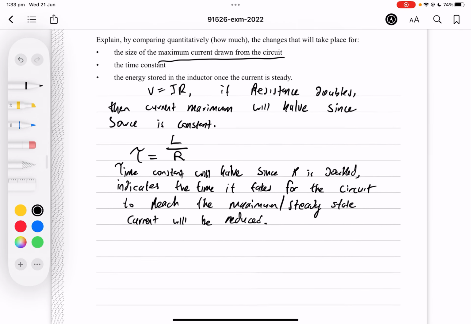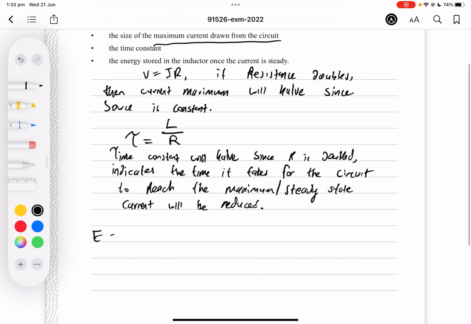And finally, in terms of the energy stored in the inductor, we know that energy equals half L i squared. So therefore, we already mentioned that the current is going to be halved. So current at the maximum is halved.